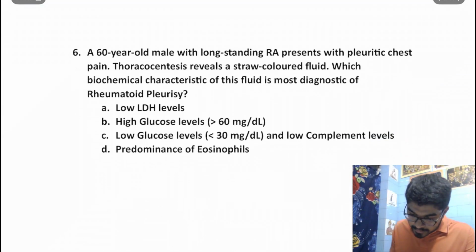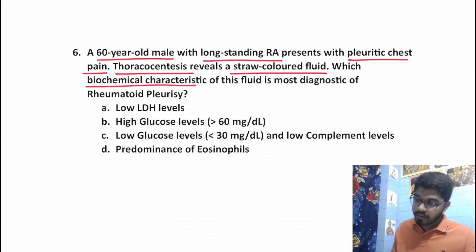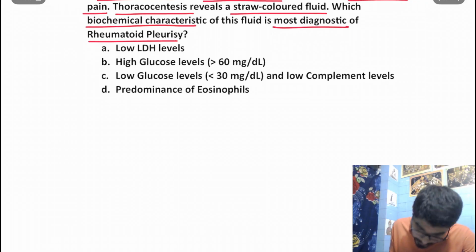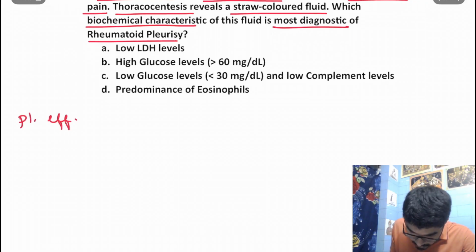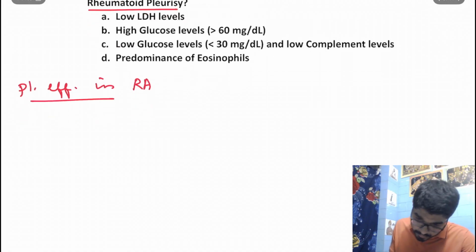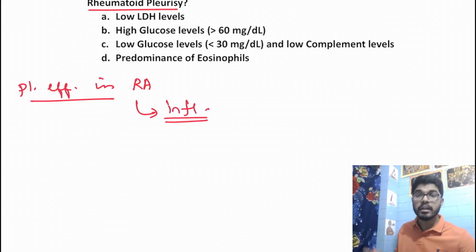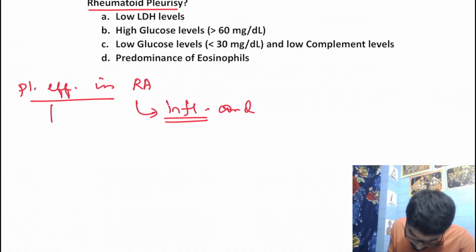Now, a 60-year-old male with long-standing RA presents with pleuritic chest pain. Thoracocentesis reveals a straw-colored fluid. Which biochemical characteristic of this fluid is most diagnostic of rheumatoid pleurisy? Remember, we all know that pleural effusion in rheumatoid arthritis is an inflammatory condition, so the fluid would be exudative.